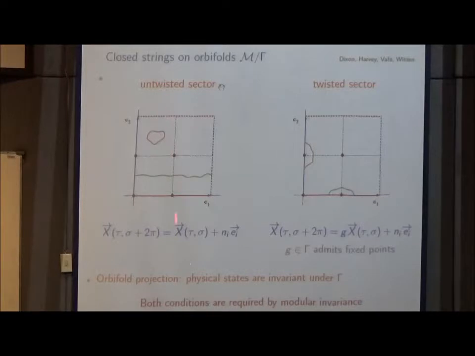So you can do string propagation using, say, the X's. I could start with the bosonic string, and this is simple on an orbifold. But then you have to do the two things: include the two types of boundary conditions and do this orbifold projection.